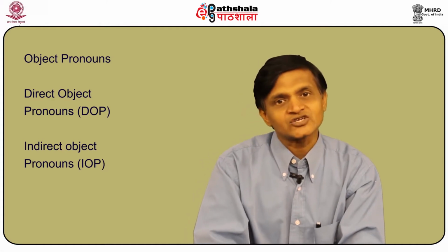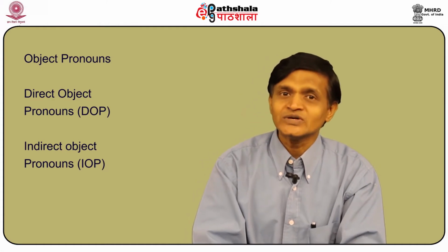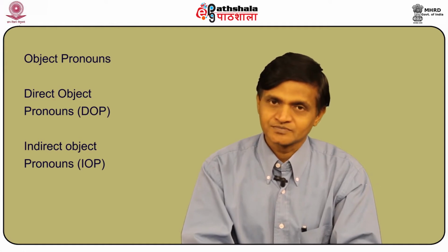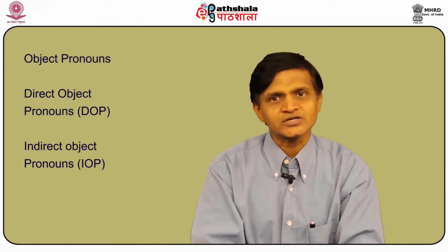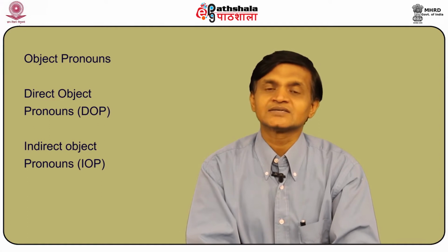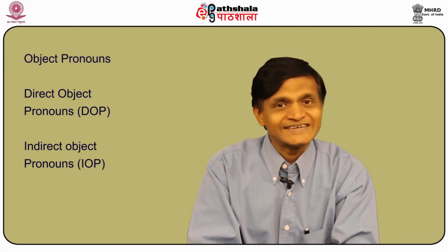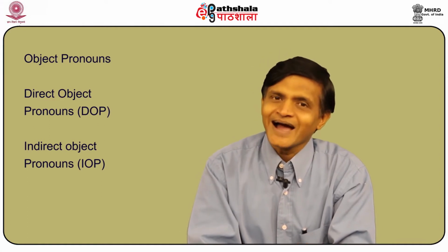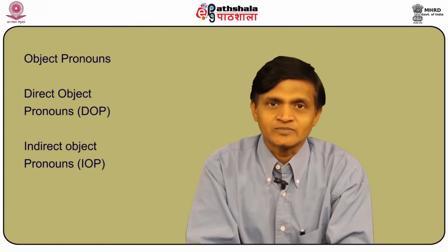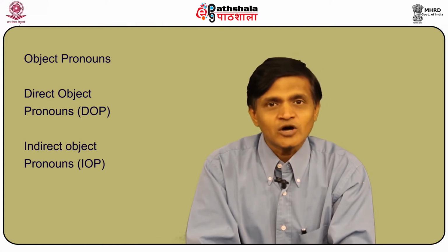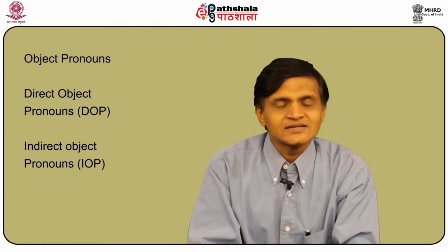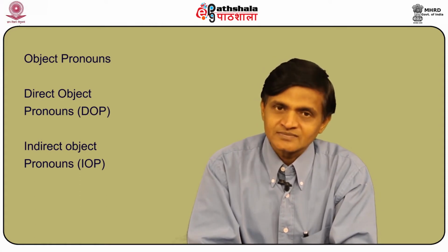One is the direct object pronoun and two is the indirect object pronoun, or in short, as we like to call it, DOP and IOP. The direct object pronouns replace direct object nouns.